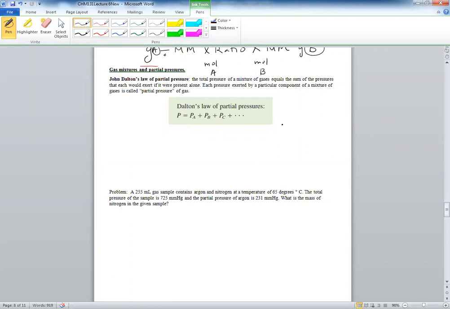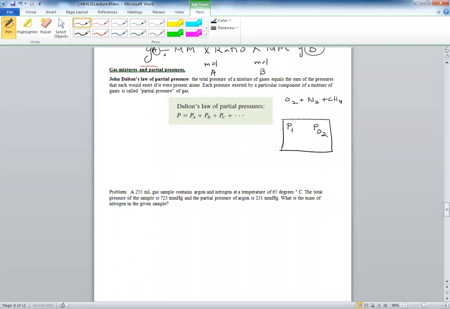Imagine we have a gas tank right here, and we have oxygen. Oxygen is going to have its pressure, P of O2. Inside the gas, we have oxygen, nitrogen, and methane.